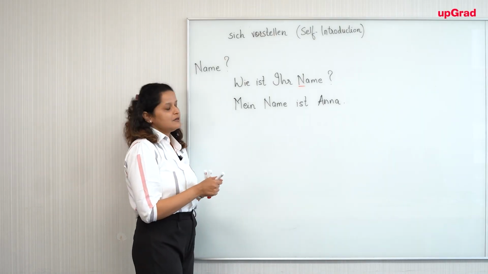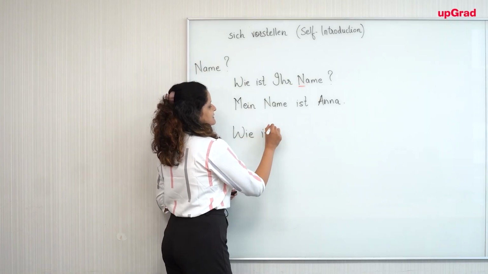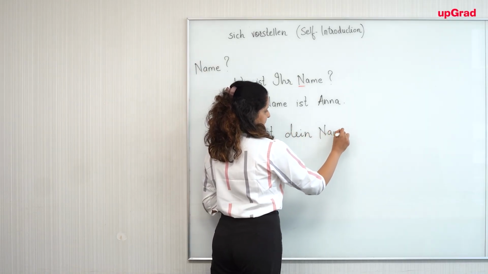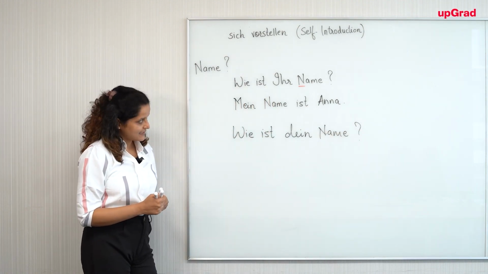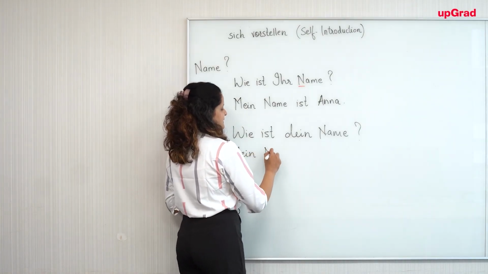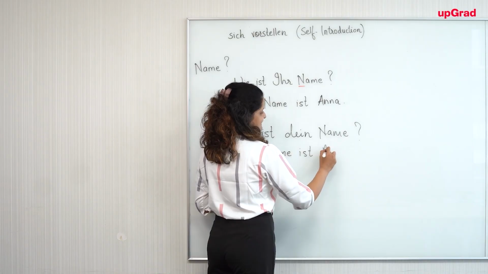The informal way of asking this same question is Wie ist dein Name? Okay, Wie ist dein Name? The response remains the same. That is, Mein Name ist Anna.